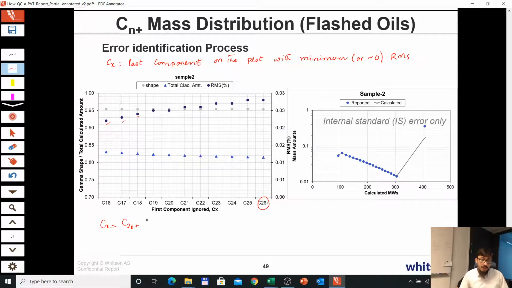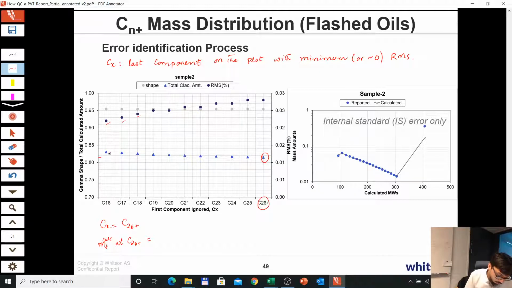Then we go and check the total calculated mass at this CX value. So MT calculated at C26 plus is equal to... if you go to the total calculated mass, which is this guy here and this guy here, you see it's far removed from the one values.